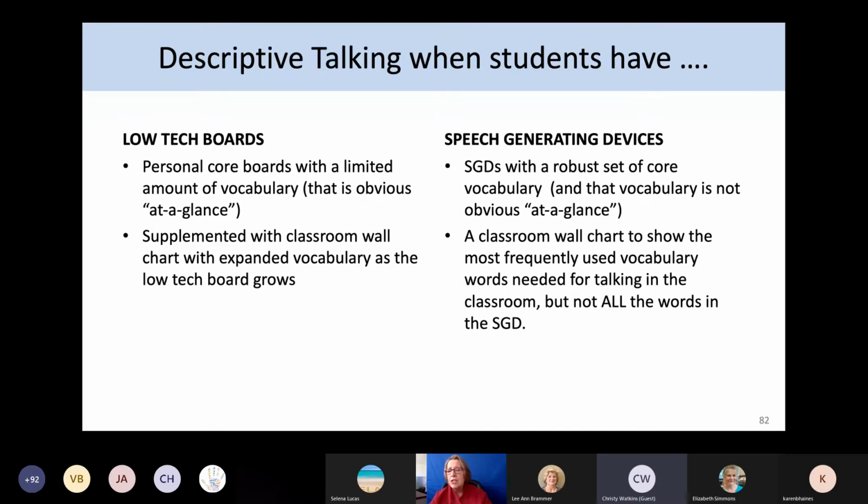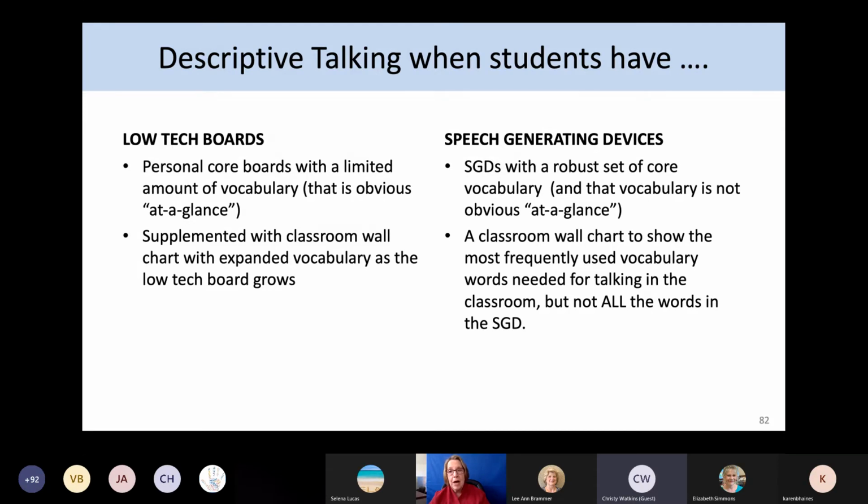Maybe a special education teacher wants to invest more time in learning what's in the device, but it's really good to have that wall chart because it keeps us focused on the words we want to learn. My wall charts don't have every possible word that's in the device, but the wall chart shows the words you need. You have to learn to talk with those words so you can talk to learn with those words.